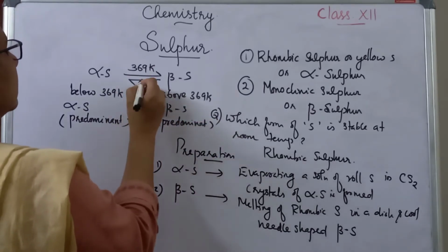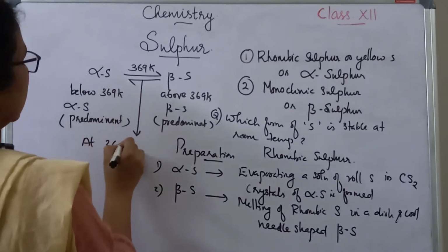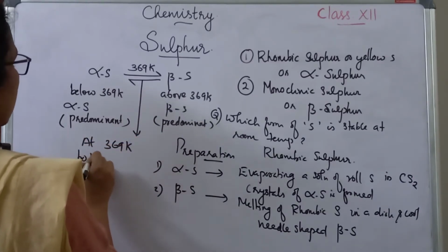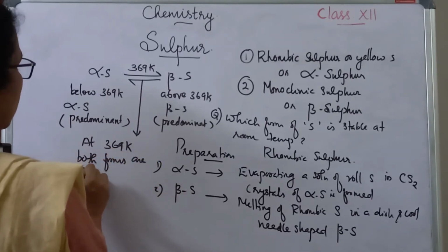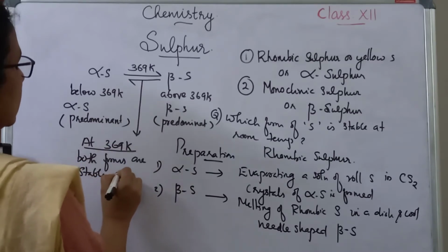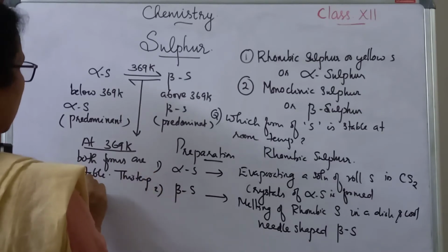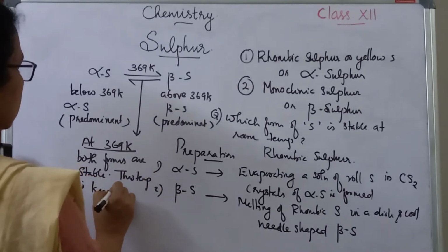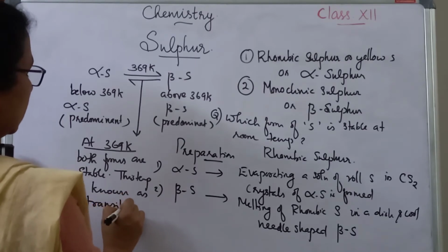So at 369 Kelvin, both forms are stable. This temperature is known as the transition temperature.